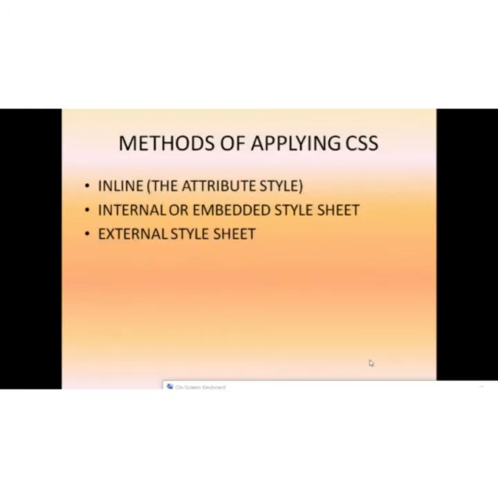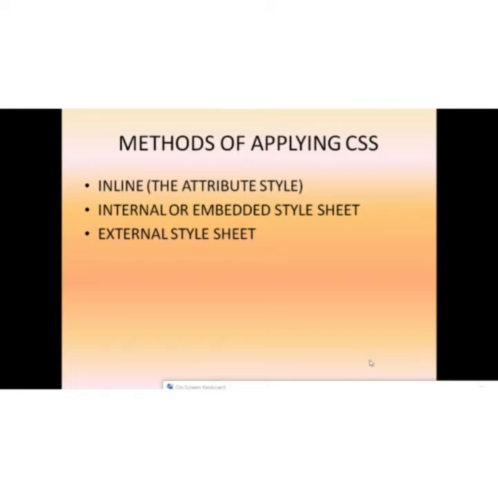Fine. So now there are three methods of applying CSS: inline method, internal or embedded style sheet, and external style sheet. Fine. But in this chapter we are going to study the second type of style sheet, that is the embedded style sheet. Why? Because if you make use of an inline style sheet, then the style that is applied will be applied only to the elements where you have declared it.